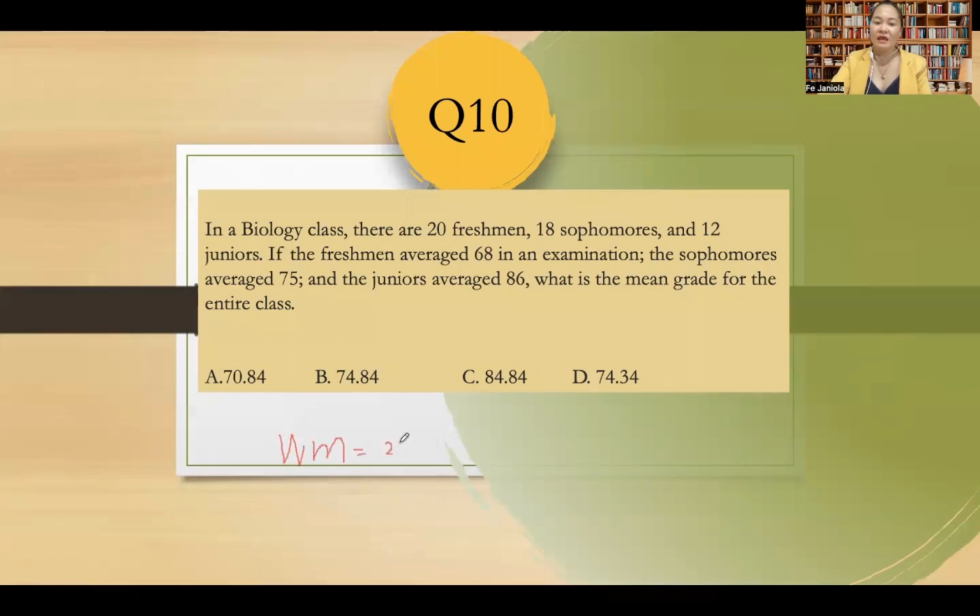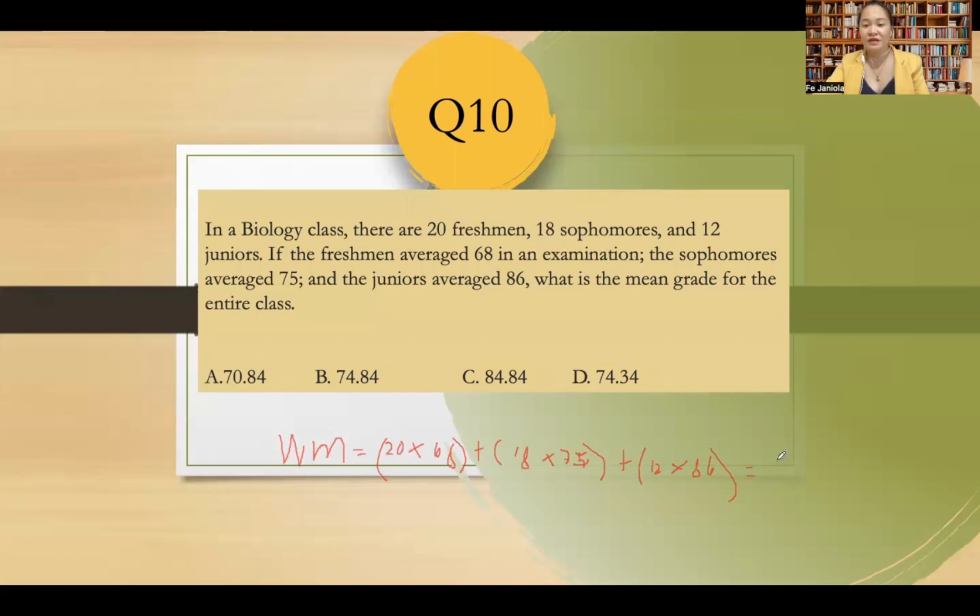First is 20 multiplied by 68 for the freshmen, plus 18 sophomores times their average 75, plus 12 times 86. The choices are: letter A, 70.84; letter B, 74.84; letter C, 84.84; D, 74.32.